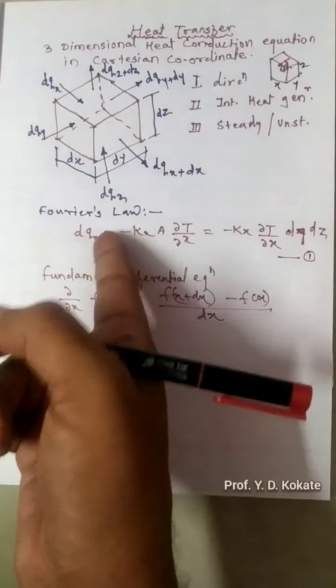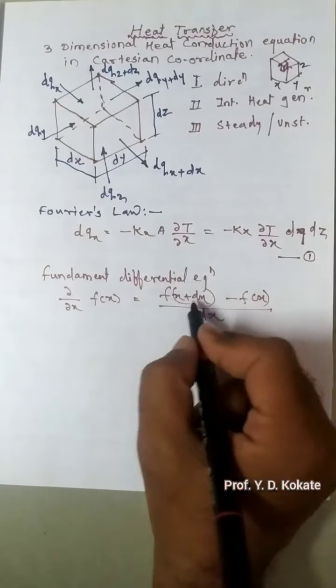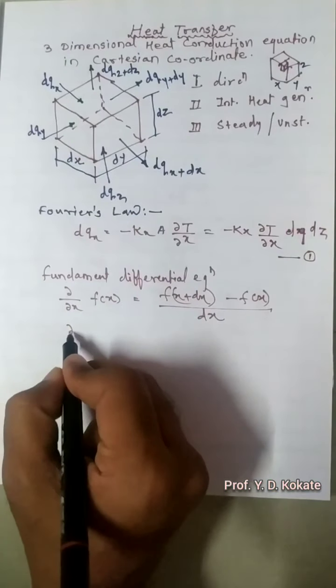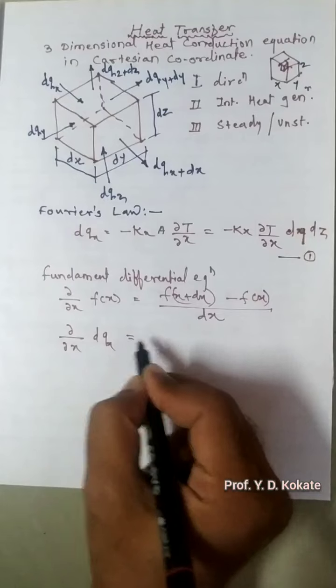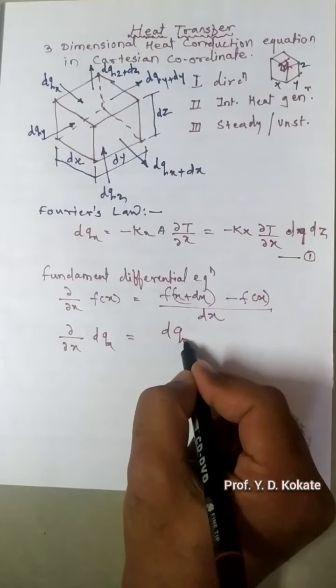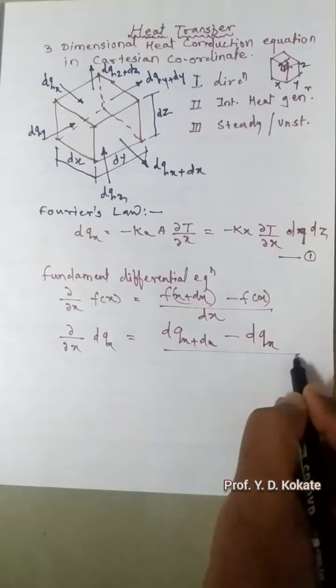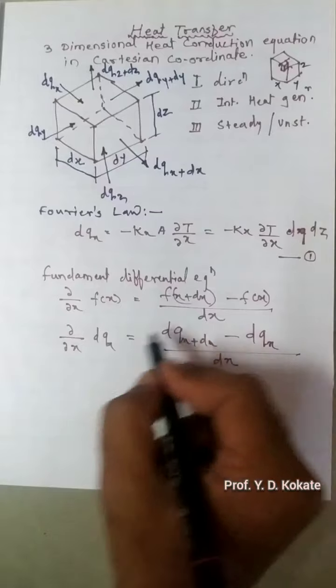Now we have to apply it for the heat transfer. So this f(x) becomes your dqx, and this f(x plus dx) becomes your dqx plus dx. So ∂/∂x of dqx is equal to dqx plus dx minus dqx, divided by dx. I want the value of dqx plus dx.